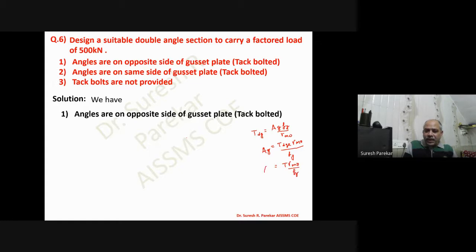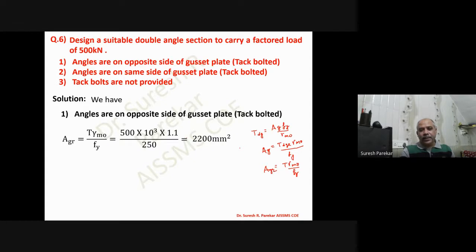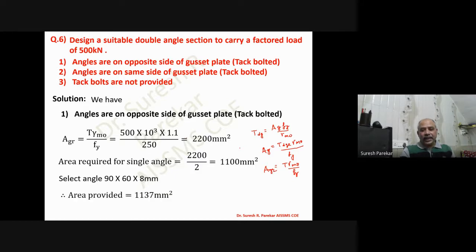Otherwise we do not have any scope to select the angle, what area we require. Therefore this formula is modified a little, and we use it to determine the value of Ag required. We have Ag required as 2200 millimeters square. Now the area required for a single angle is 1100 millimeters square, and we are going to select the angle 90 by 60 by 8 millimeter. Therefore the area provided is 1137 millimeters square.